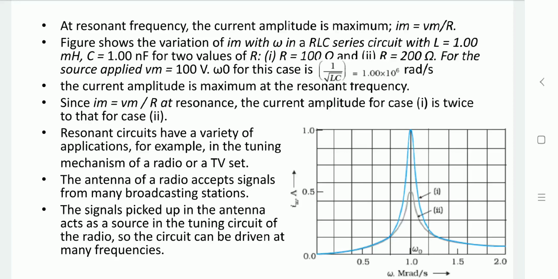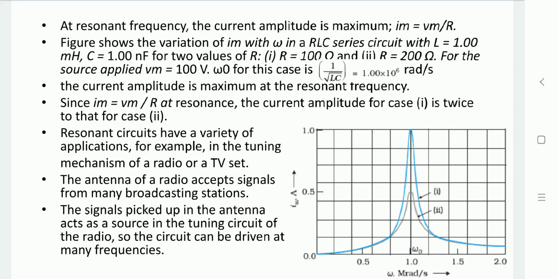And if the R value we choose is high in comparison, for example here it is taken 200 ohm, then the current amplitude is reduced from the earlier case, by taking L and C in such a manner as to get a 1 megahertz frequency, or any frequency you can choose, it doesn't matter.